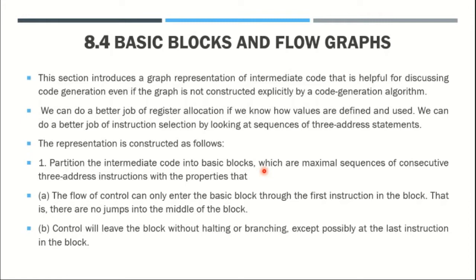How can we decide or divide such a sequence of intermediate code instructions as a basic block? The flow of control can only enter the basic block through the first instruction in the block. That means while constructing the flow graphs for the given intermediate code representation, the flow of control, that is the execution control, can enter that particular block with the help of the first instruction of that specific block only.